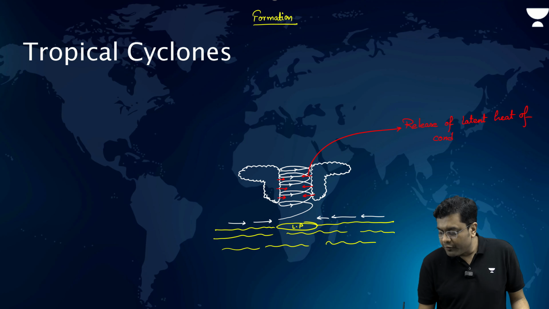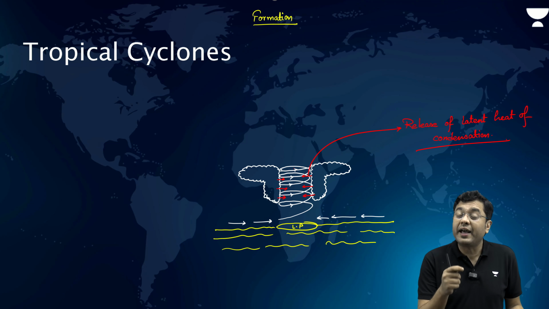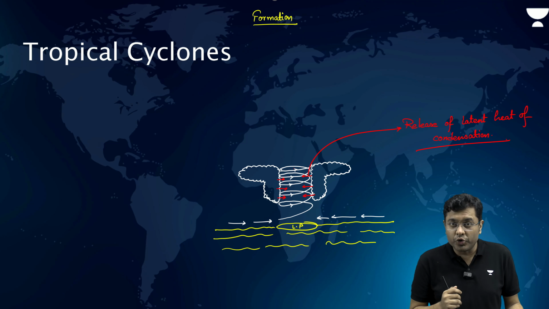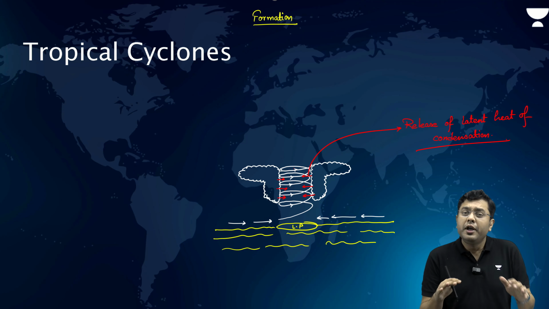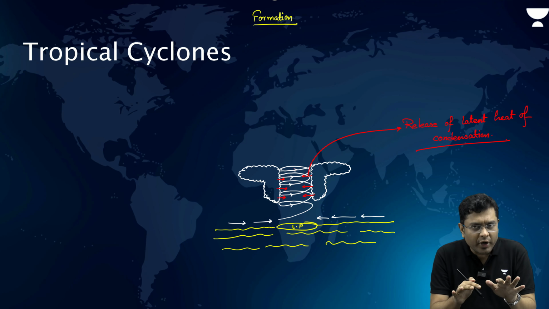Now that latent heat of condensation, what will it do? It will significantly increase the temperature in the central portion of the cyclone. Now when the temperature in the central portion increases, what does it mean? It means that you will not have any condensation in the central portion. The central portion will be free of any cloud cover, because for formation of cloud, you need condensation.